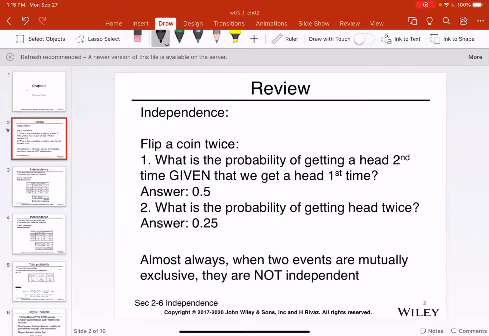So last week we finished chapter 2, but I will review some of the last concepts that we covered last week. So the first point is let's consider these two examples, right? Just to try to help us better understand conditional probability.